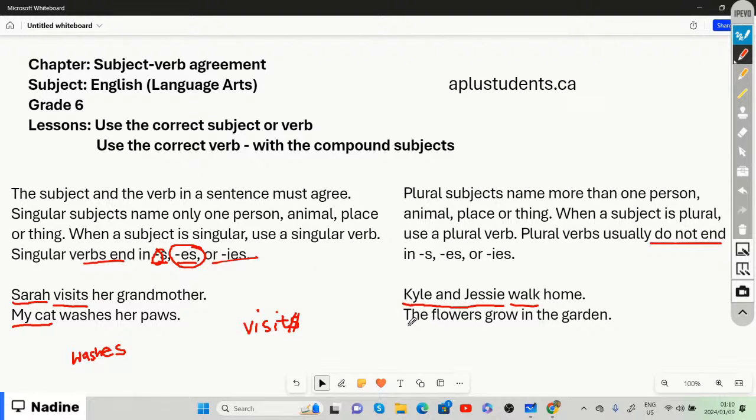The flowers, referring to more than one thing, grow in the garden, not it grows in the garden. The flowers, which is more than one flower, grow in the garden.